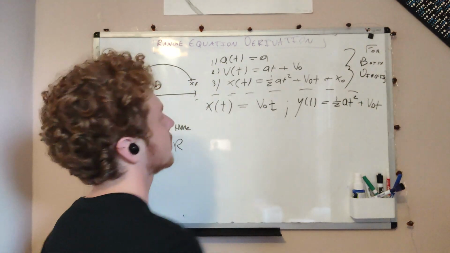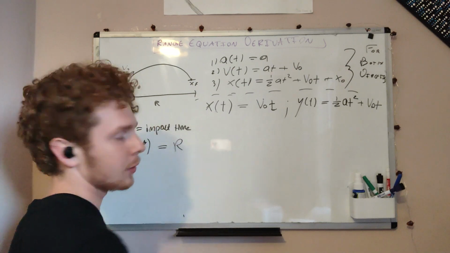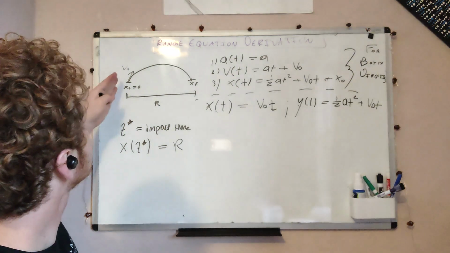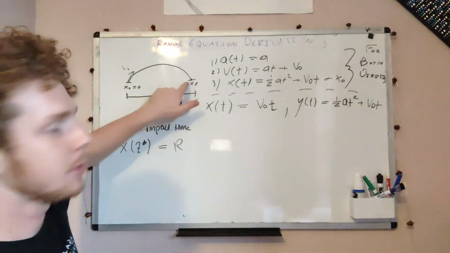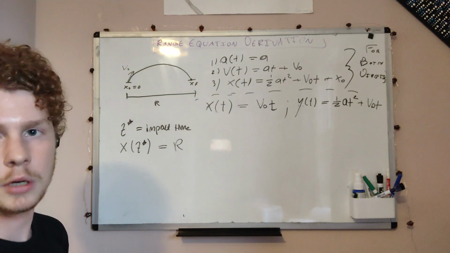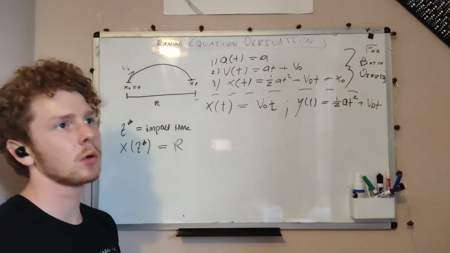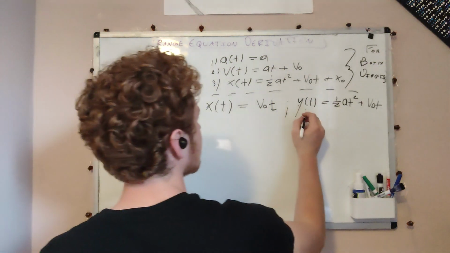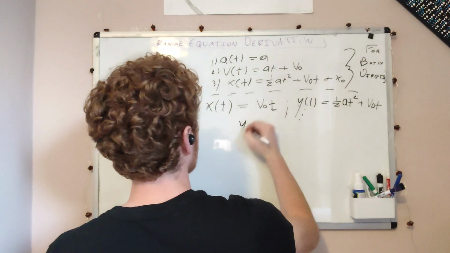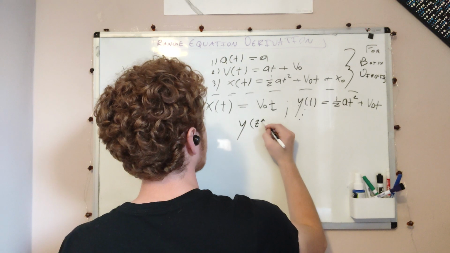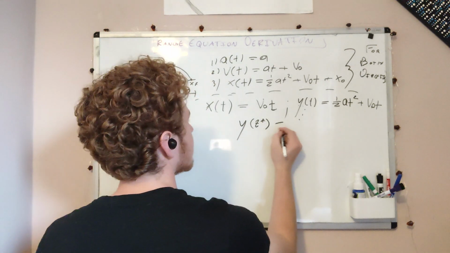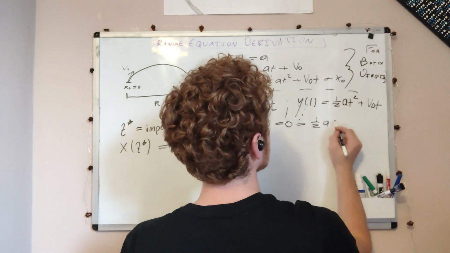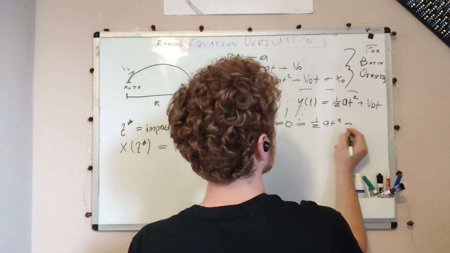If you look at this graph here, at the impact point, the y position is 0. So that's a known value. We know it touched the ground again, so it's at a position of 0. So if you look here at y of t prime, we know that it's 0, which we also know is this expression here.